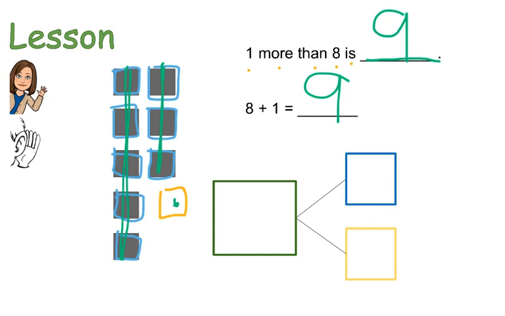We started with 8 squares, so I'm going to put an 8 here. Then how many more did I draw again? How many more did we add? Oh, that's right. One more. Good job. And all together, now we have 9. Does everybody understand? If you're a little confused, I want you to watch these 2 examples again, okay? If you got it, let's keep on going.